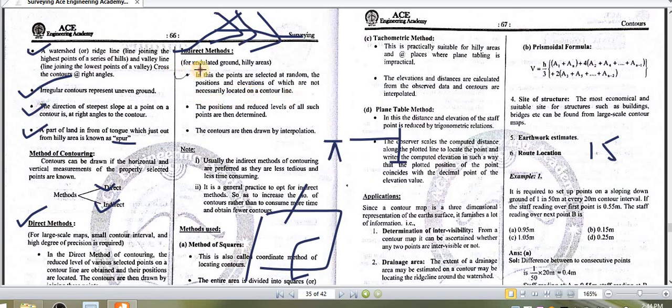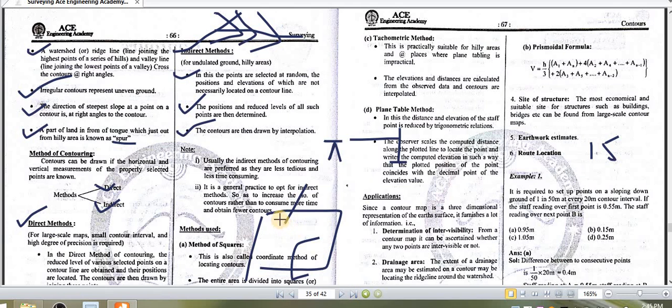The position and the reduced level of such points are determined, and the contours are drawn by interpolation. So this is a very effective method, and it does not take the time which was required in the direct method.